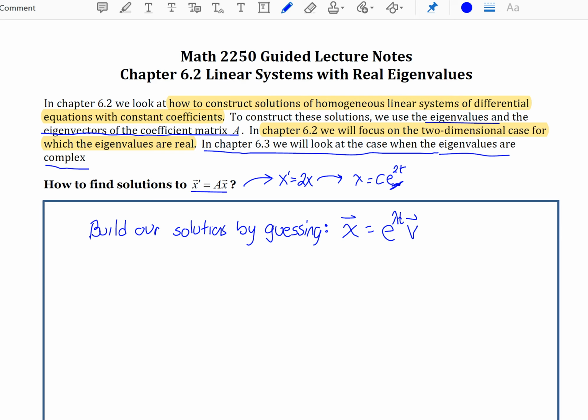However, if this is going to be a solution, it must satisfy our differential equation. So let's evaluate it in our DE.